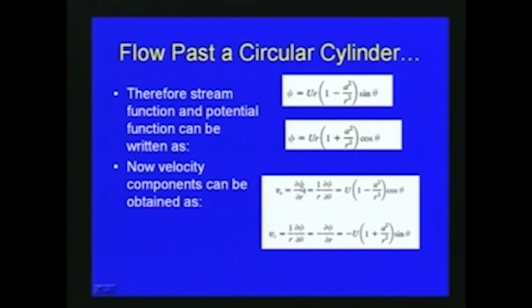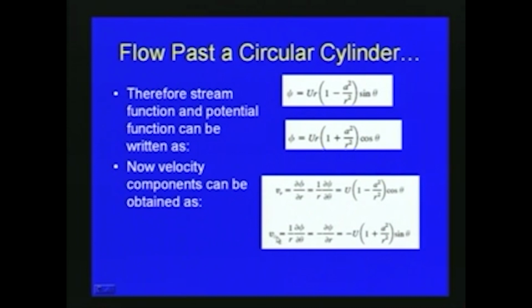When we differentiate, we will get u into (1 minus a square by r square) into cos theta. So, this gives the radial velocity for flow past a circular cylinder.